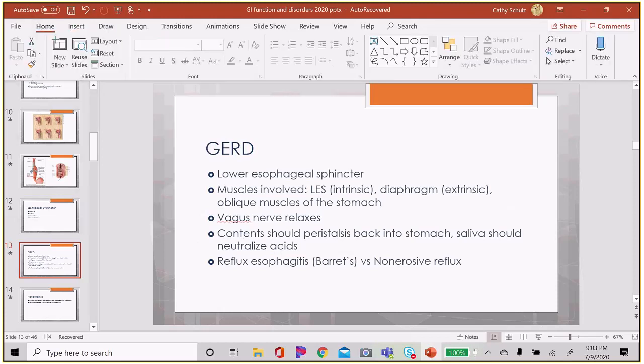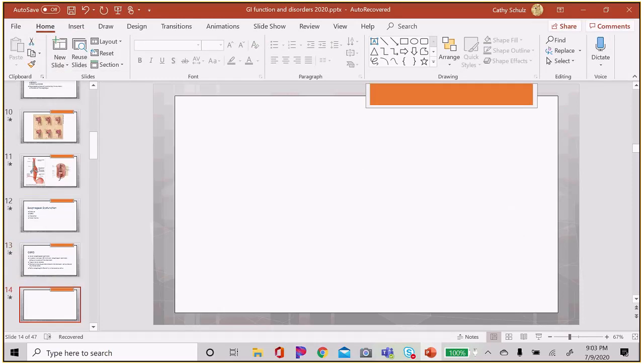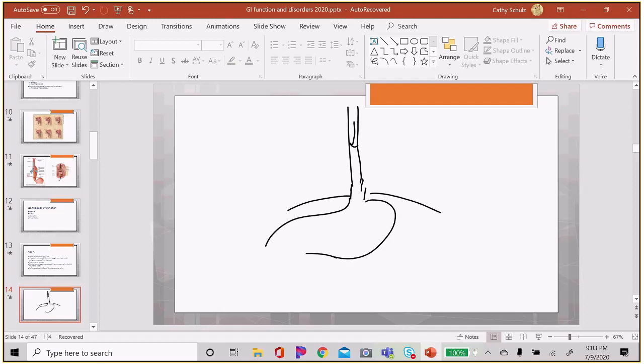So when the food bolus gets pushed back to the back of the pharynx, the top of the esophagus, and we have the involuntary part of swallowing, the food bolus peristalses down the esophagus, and the esophagus then goes through the diaphragm, and that's where our stomach is. This is the lower esophageal sphincter.